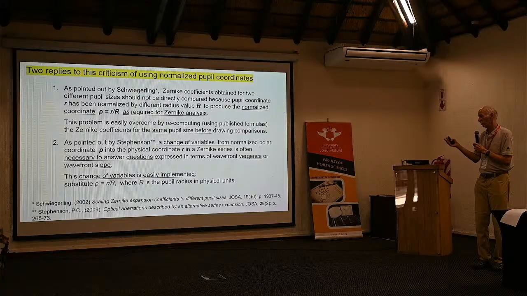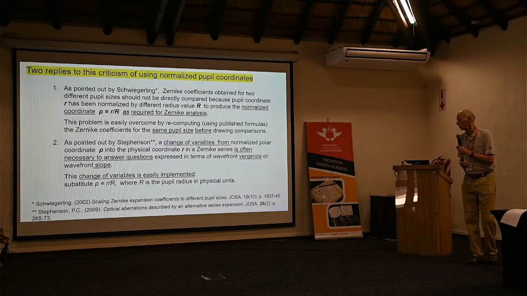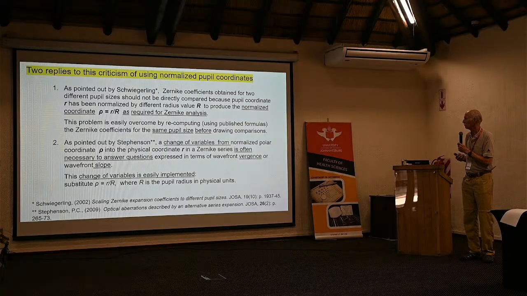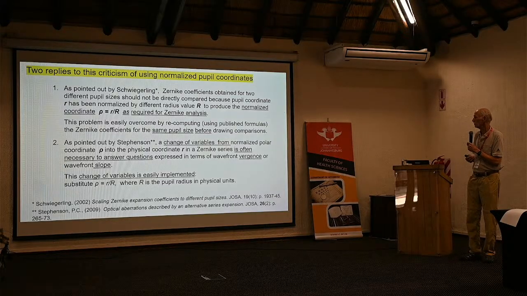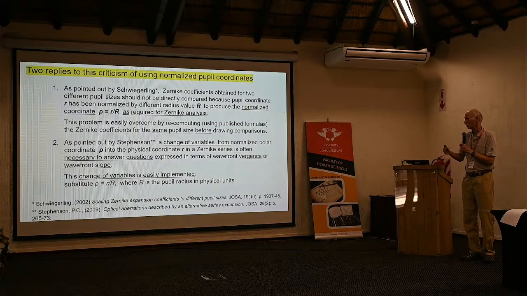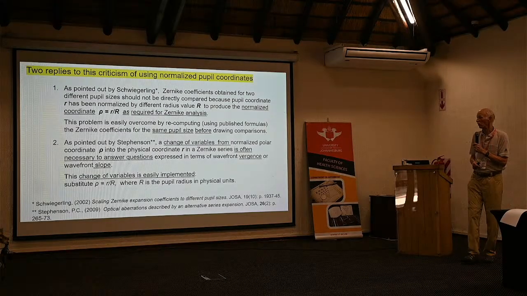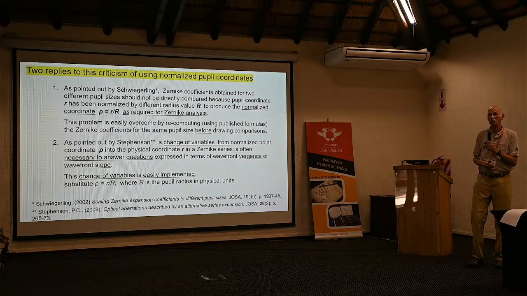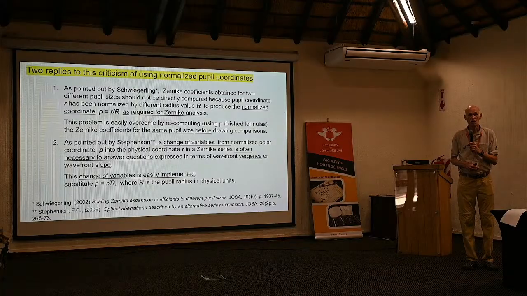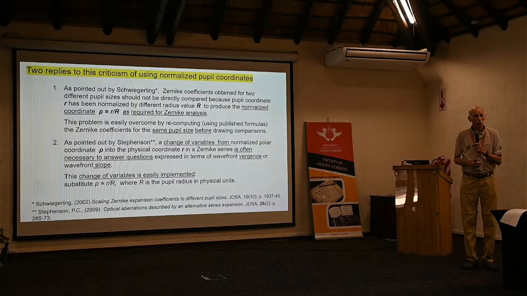A second point, by a different author, Philip Thibos, pointed out, and I think a lot of us have slowly come to understand, that a change in variables from the normalized polar coordinate rho that's used in the Zernike polynomials to the physical coordinate r, in millimeters, in a Zernike series is often necessary to answer questions expressed in terms of wavefront vergence and wavefront slope.